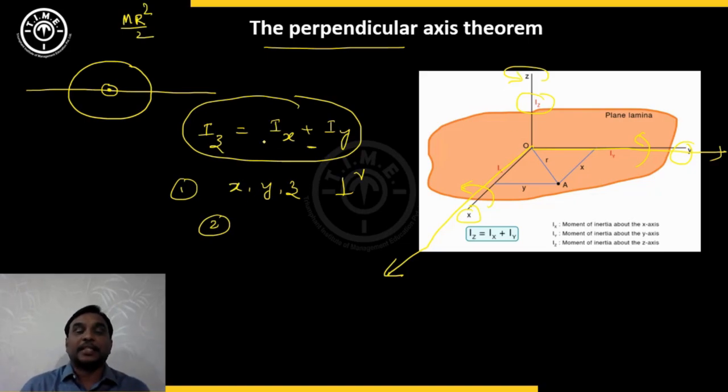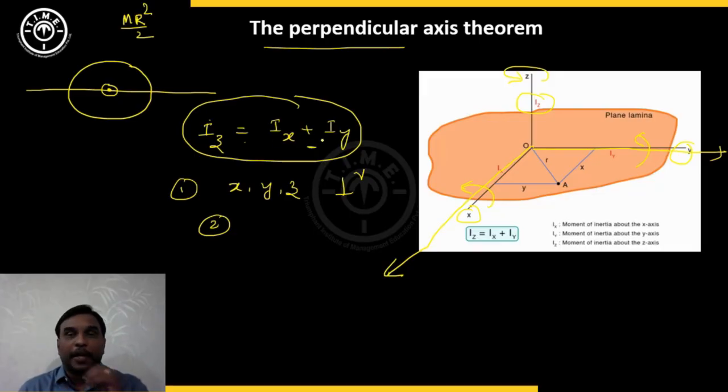Ix is the moment of inertia of an object about the x-axis. Iy is the moment of inertia about the y-axis. This is the perpendicular axis theorem. 3 axes are required. Out of 3, 2 should lie on the plane, and the third should pass through the point of intersection of the first 2 axes. Then you can write Iz is equal to Ix plus Iy.